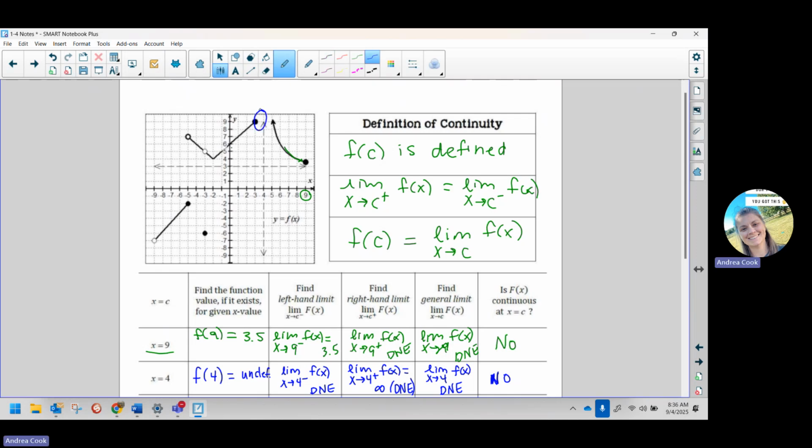So this gap right there means that if I'm approaching 3 from the right, not the left, from the right, there's no graph to be on, so that limit doesn't exist. So there's really only a one-sided limit at 3 because of that graph stopping.